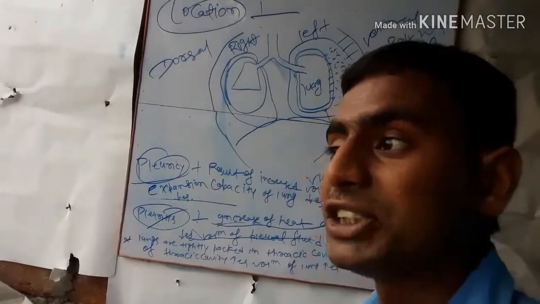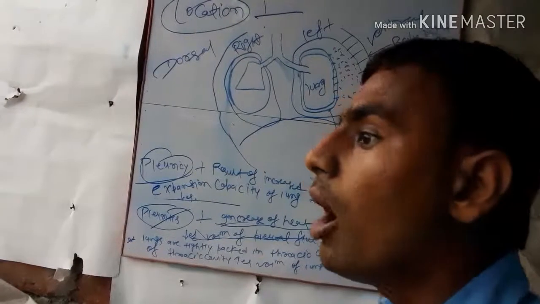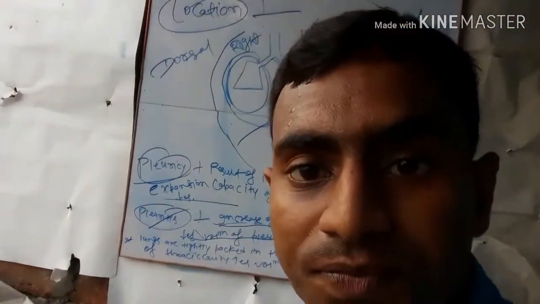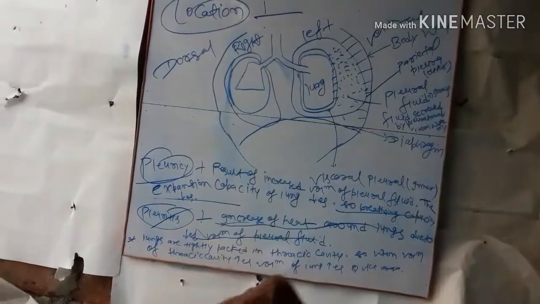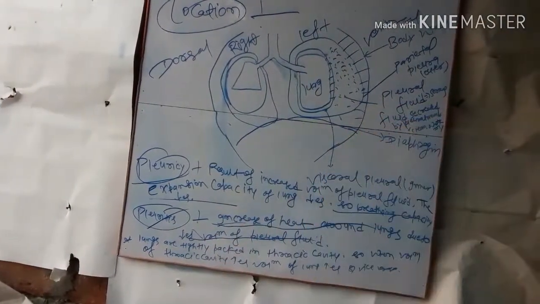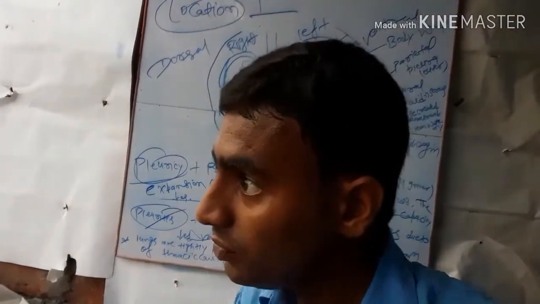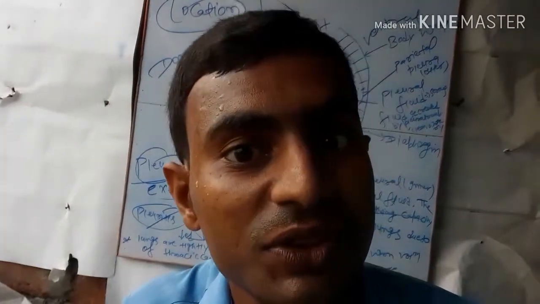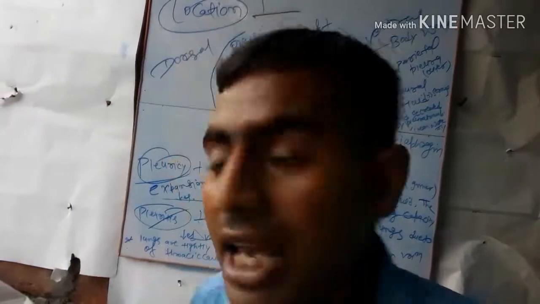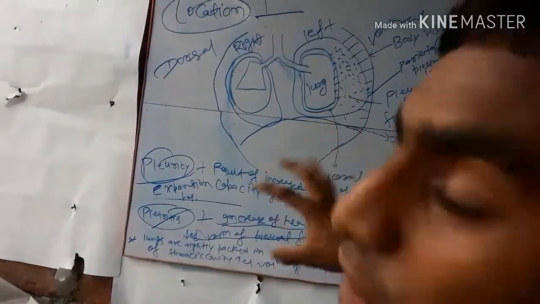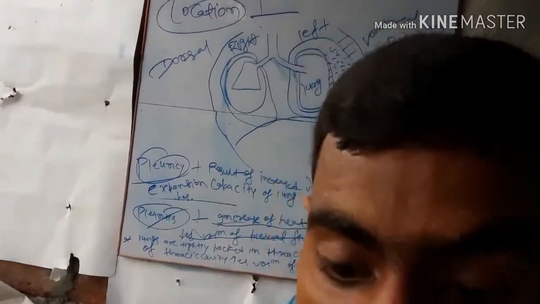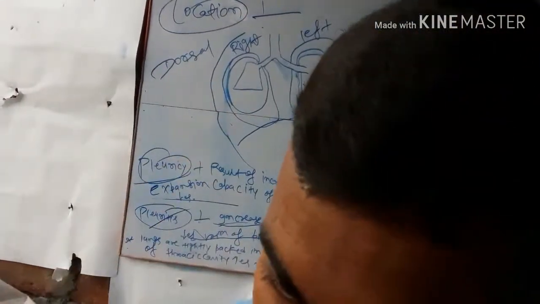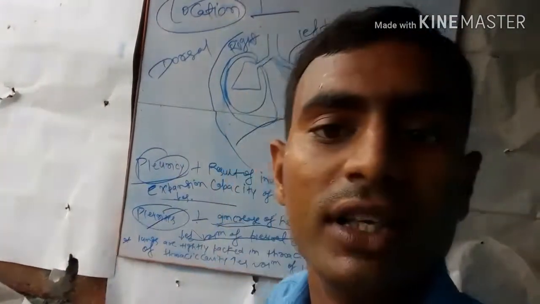In the next classes, we will learn about the alveoli. Alveoli are the functional unit of the lungs, and the number of alveoli is 300 million, including both lungs.